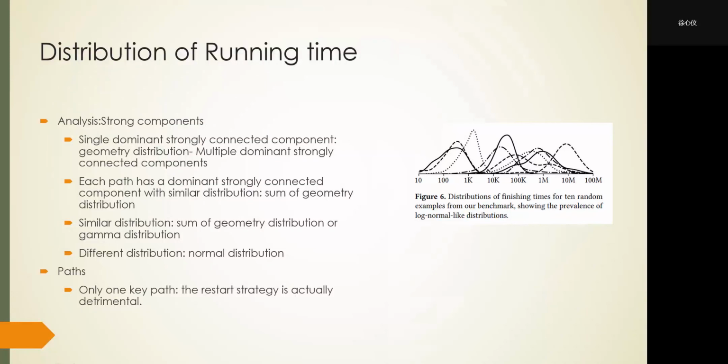So of course, if there is only one key path and you must spend time on that key path to pass it, then the restart strategy is actually detrimental, since if you restart, the time you spent breaking through that path is wasted.